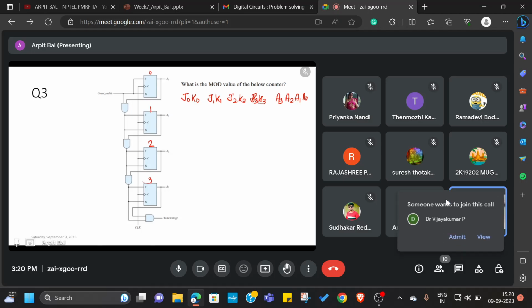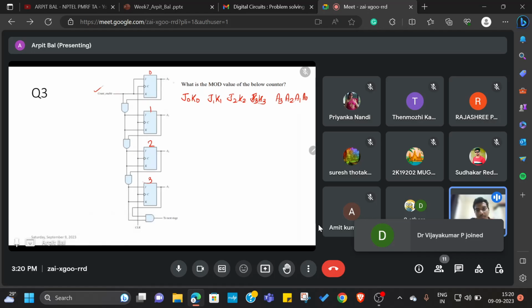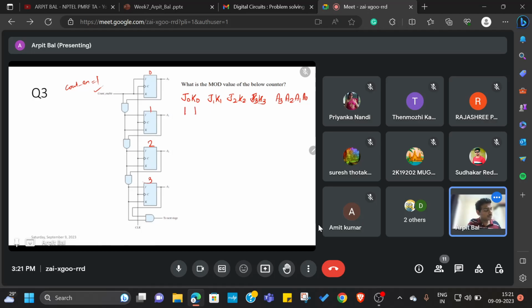Here you have to assume one thing. The count will begin when count enable is 1, so for this complete evaluation we will assume that count enable is equal to 1. When count enable is equal to 1, J0 and K0 is 1. The initial state we are going to assume is A3, A2, A1, A0, everything at 0, 0, 0, 0.